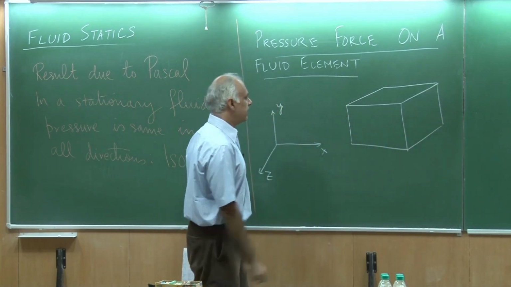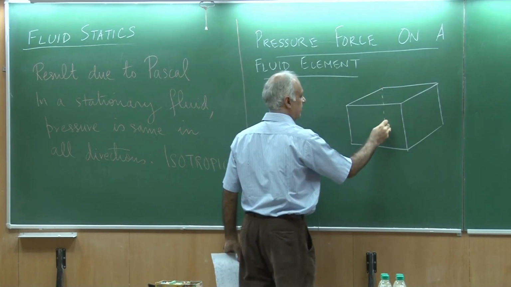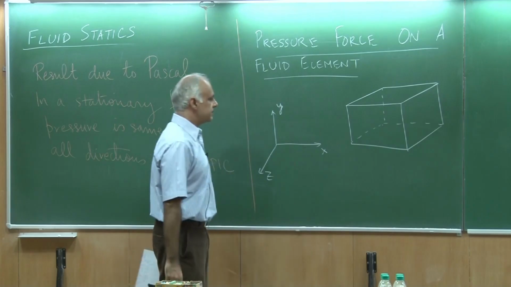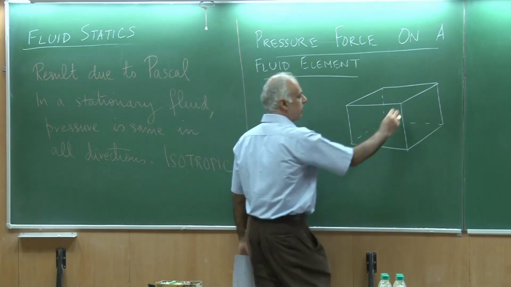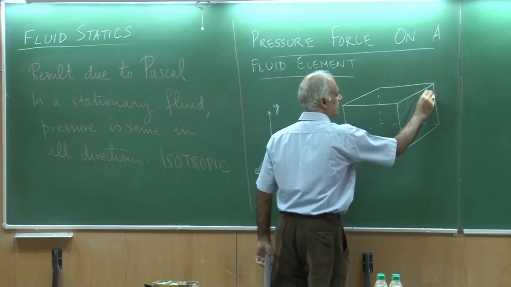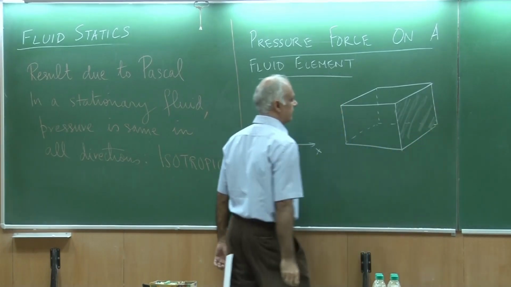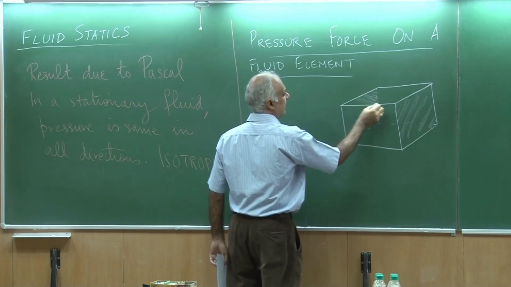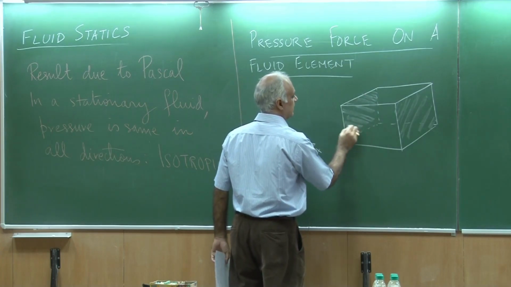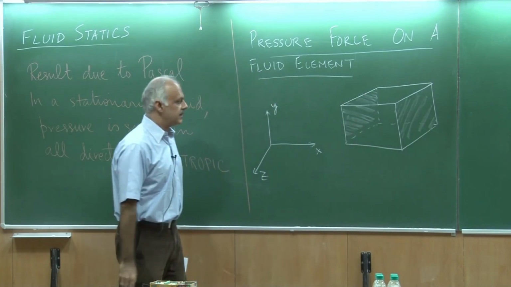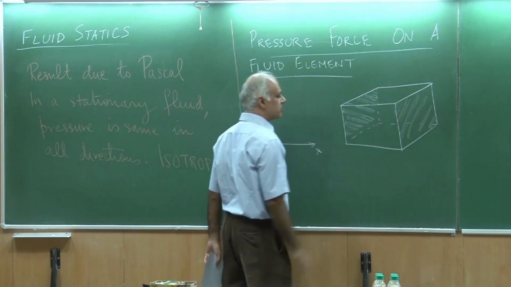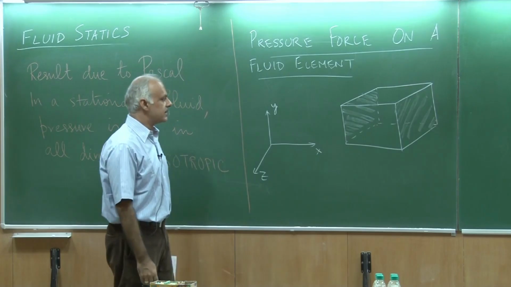This is a fluid element. This is the positive x face, and at the back of it I see a negative x face. Similarly, I have a positive y face over here and a corresponding negative y face, and so on.